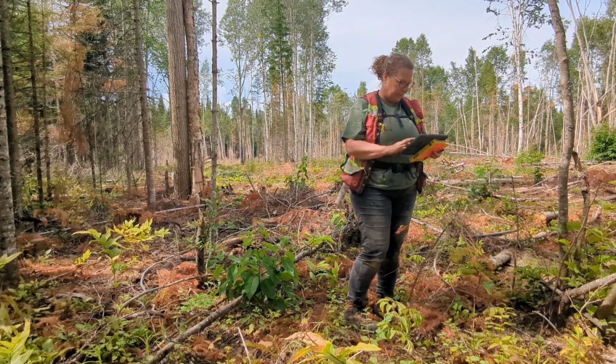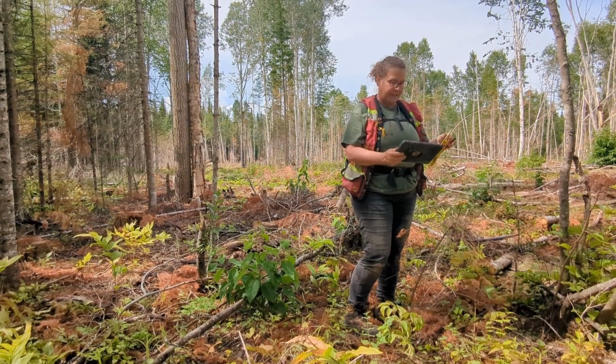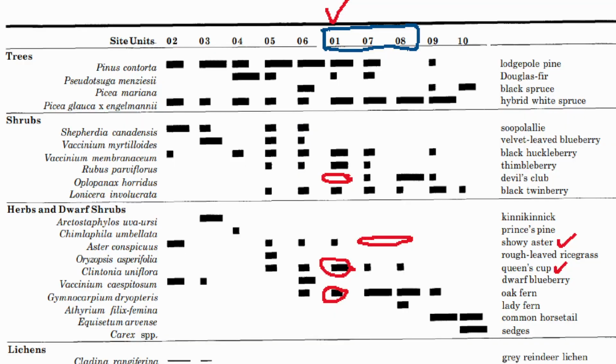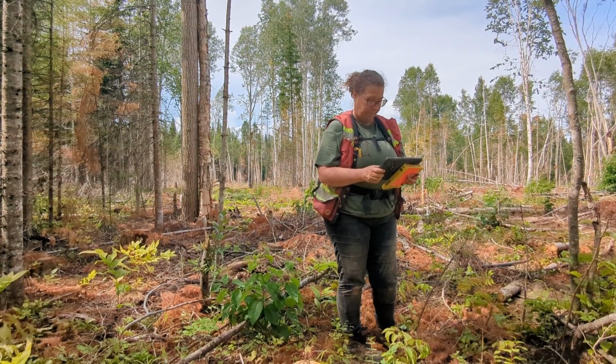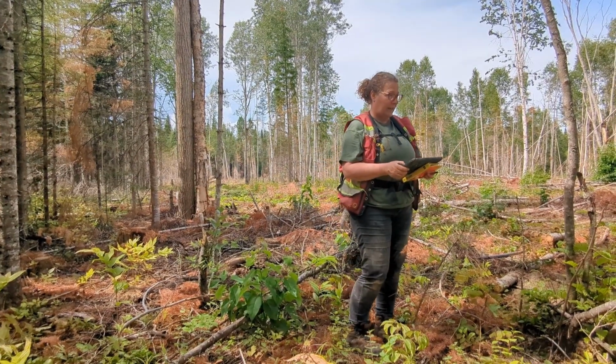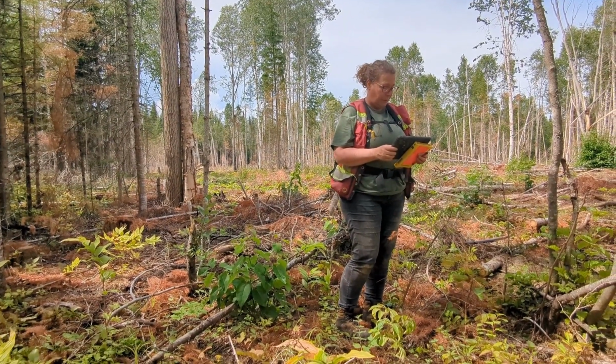So what else do we have? What was another one of our indicators? Was twinberry. So if we look at Lonicera, it's equivalent presence in an 07 and an 01. Another one we had was viburnum.